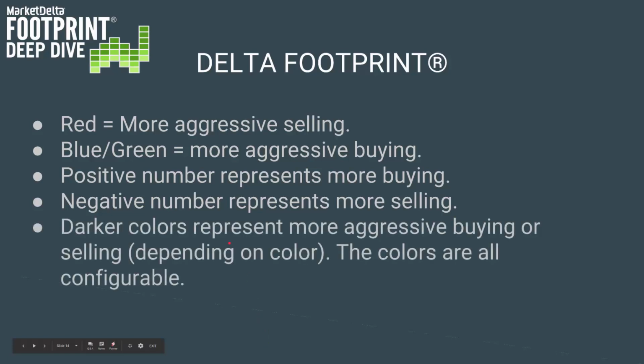Darker colors represent more aggressive buying or selling depending on the color. The colors are all configurable. Typically people are going to run with red for the aggressive selling. That's almost universal. And the blue or green are almost always the colors for aggressive buying.